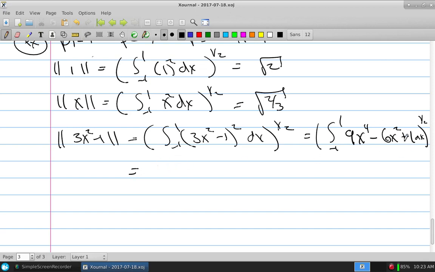These are all even, right? So I could just integrate, evaluate at 1, and double. So this would be twice 9/5 minus 2 plus 1.